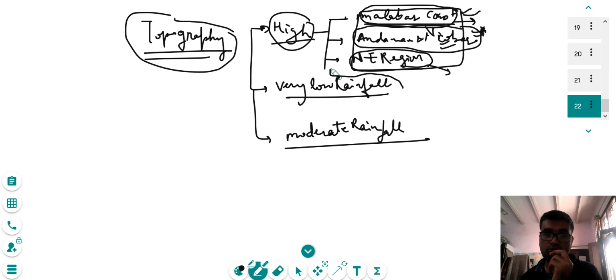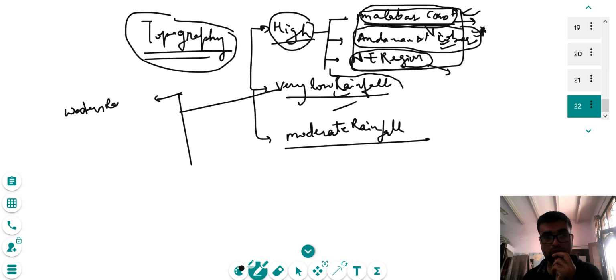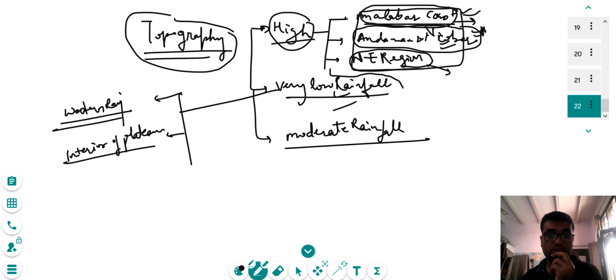When it comes to the low rainfall regions, the first one is western Rajasthan. The second one is the interior of the plateau region, and the third is the Ladakh Himalayas.